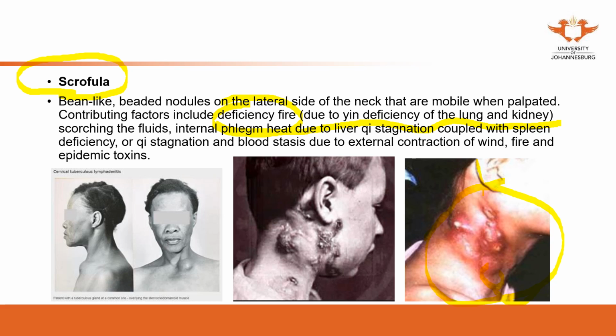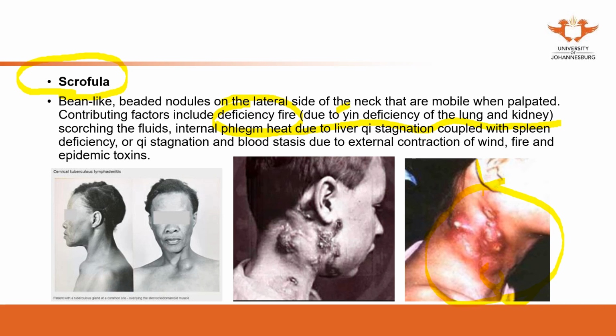especially for scrofula or in TB infection patients. It can be in the phlegm, in the lymphs. You will see that most of the patients, especially after a long term, will present with losing weight. They are quite skinny. So this is insufficiency.